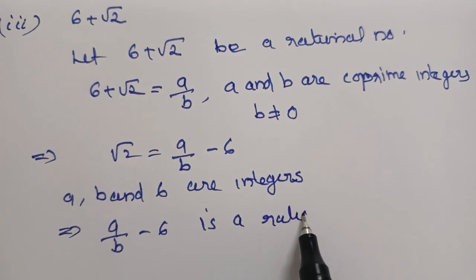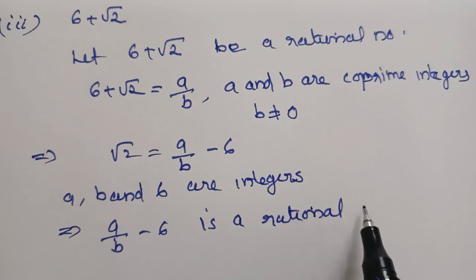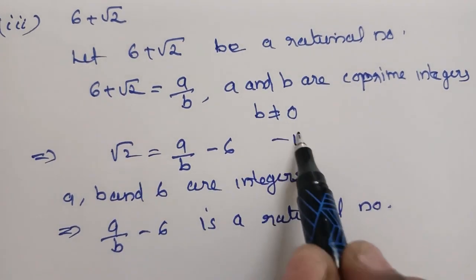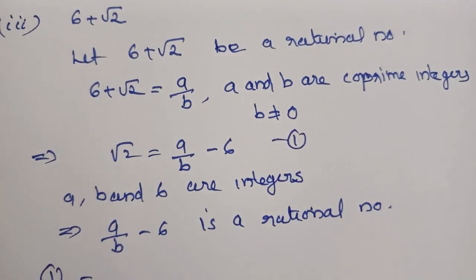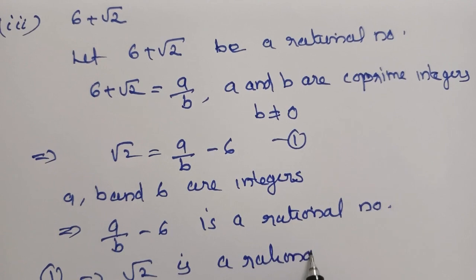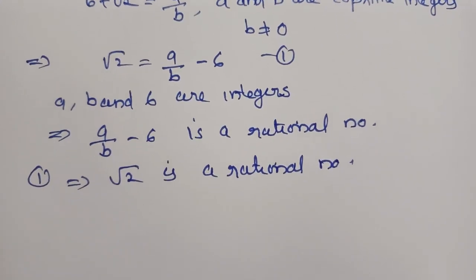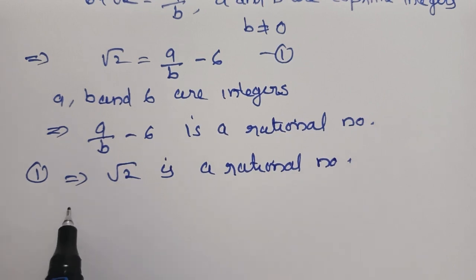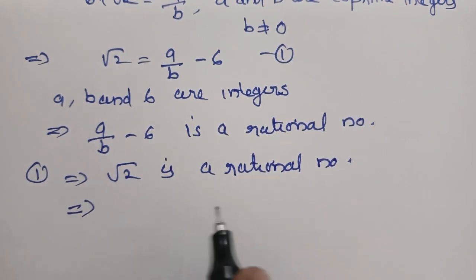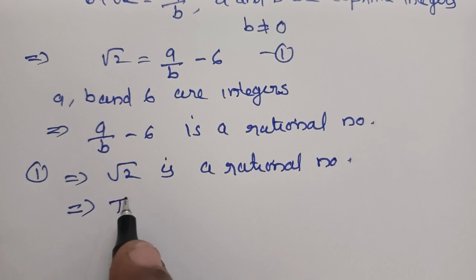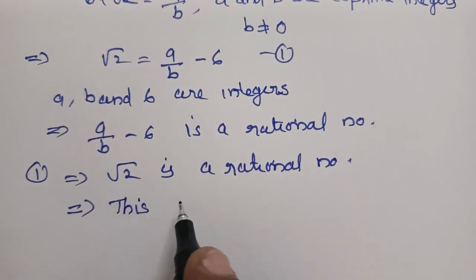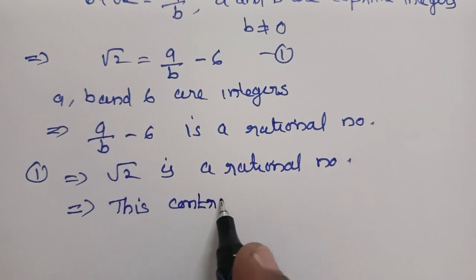Therefore, from 1 we get root 2 is a rational number. This contradicts the fact that root 2 is irrational, isn't it? We know that root 2 is an irrational number.